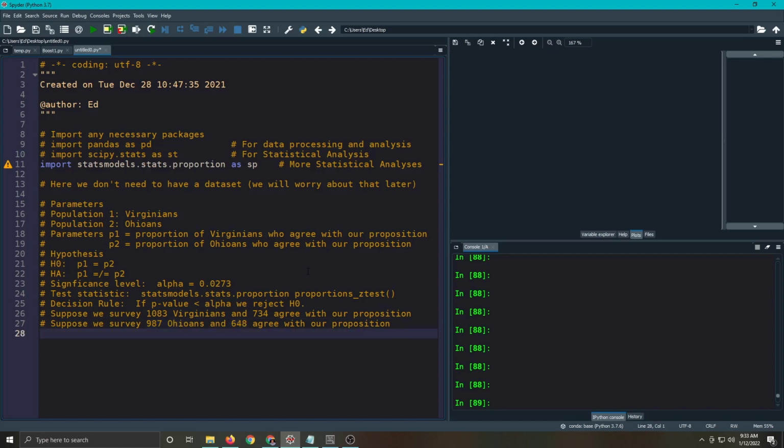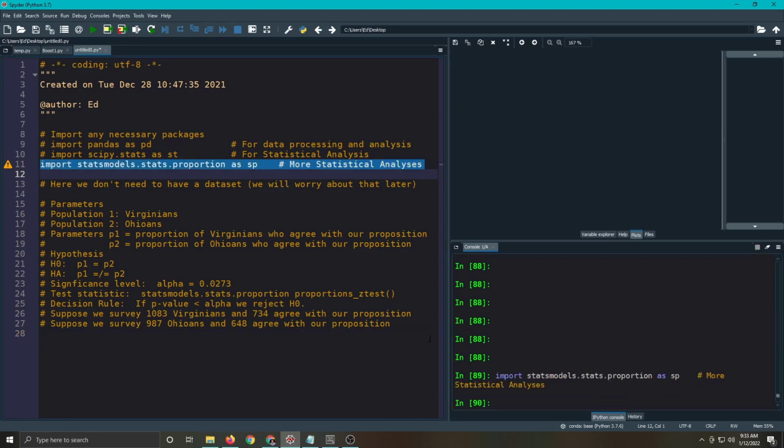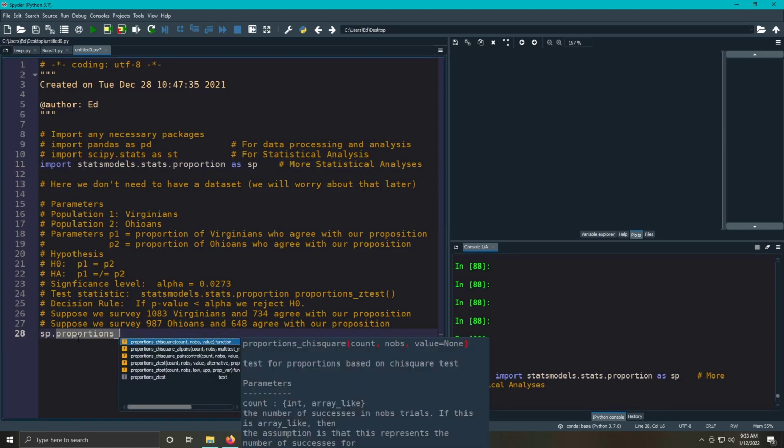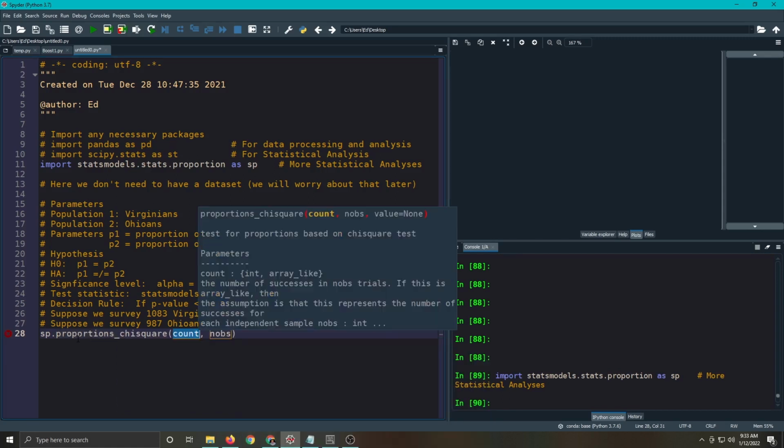So we have all the numbers that we need to run our test. We have this statsmodels package that we've used before, and we're using it again. Make sure you've run that in. It's aliased as SP, so we need to put SP in front of it, then a dot, and then proportions underscore, and then z-test pops up, which is what we're interested in.